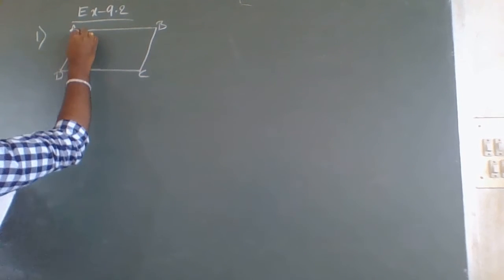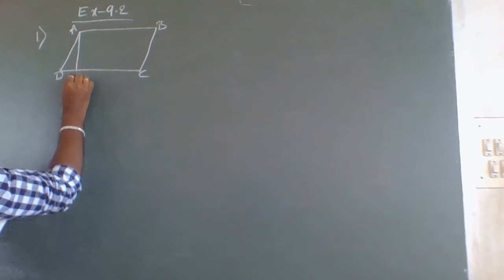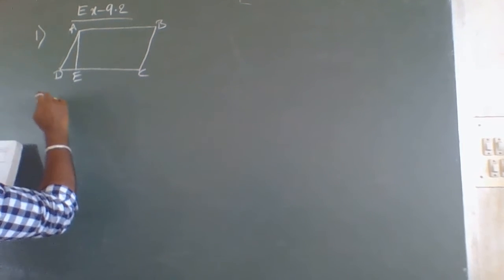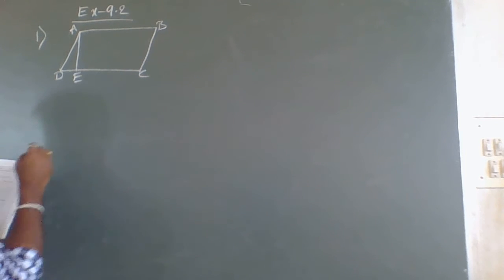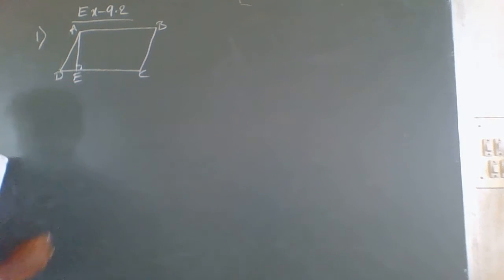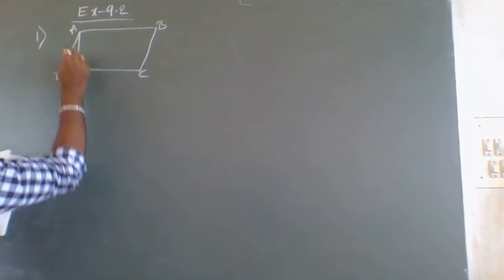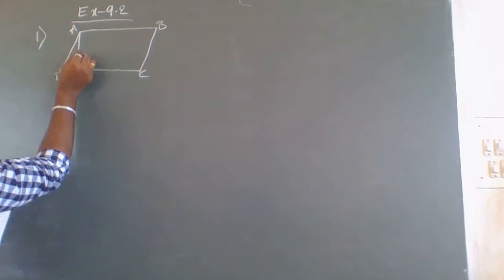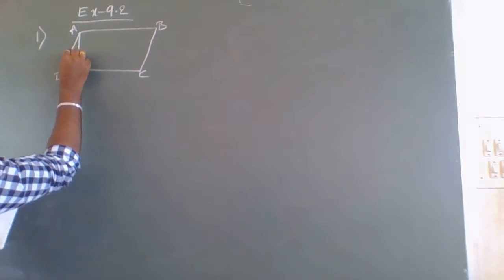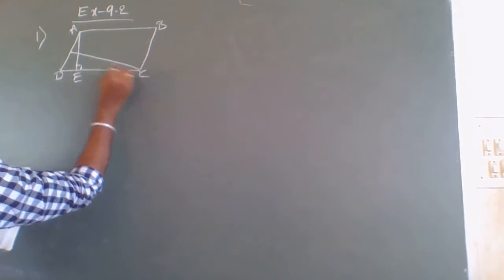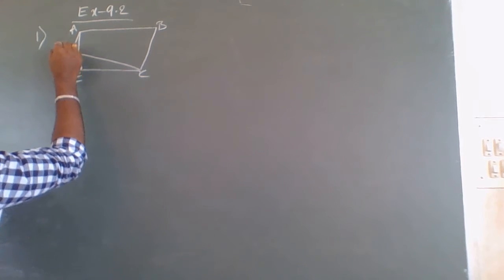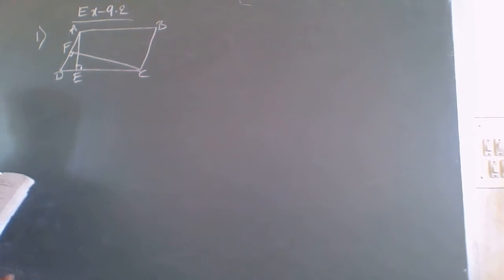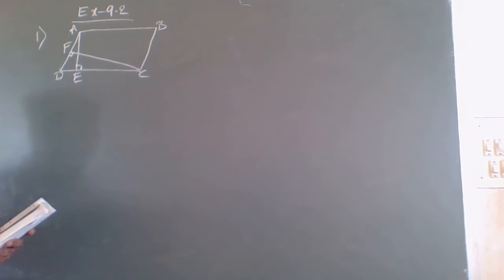And here on line AE, this AE is perpendicular to CD, and another line CF, this CF is perpendicular to AD. This is point F. CF is perpendicular to AD.